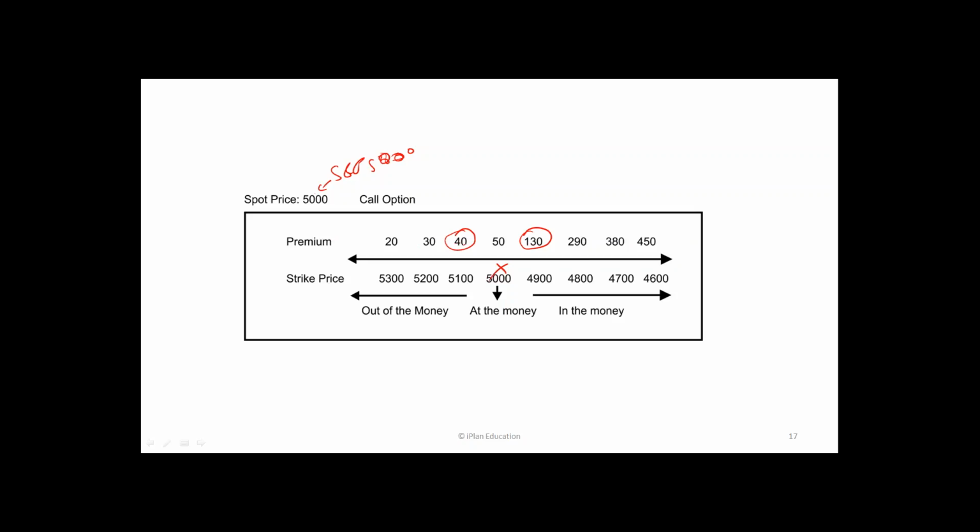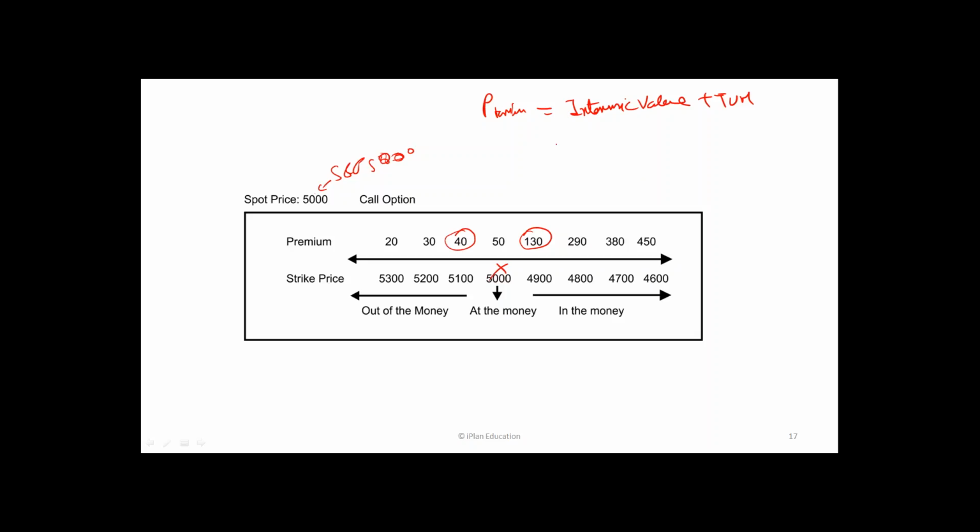Why this? Because premium is made out of two components. One is intrinsic value, another one is time value of money, TVM.